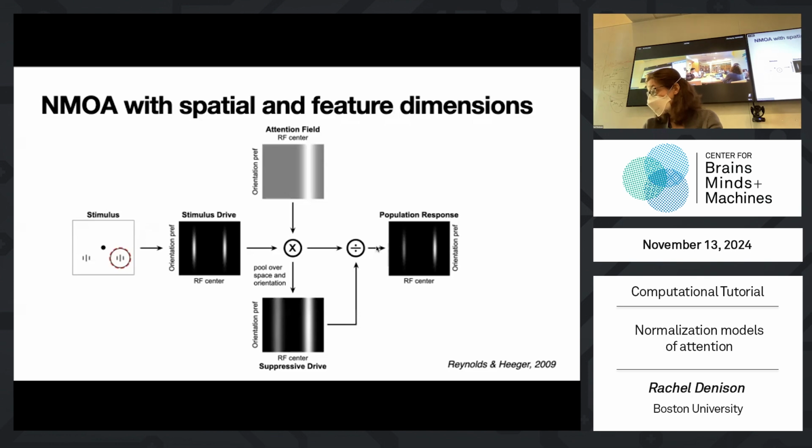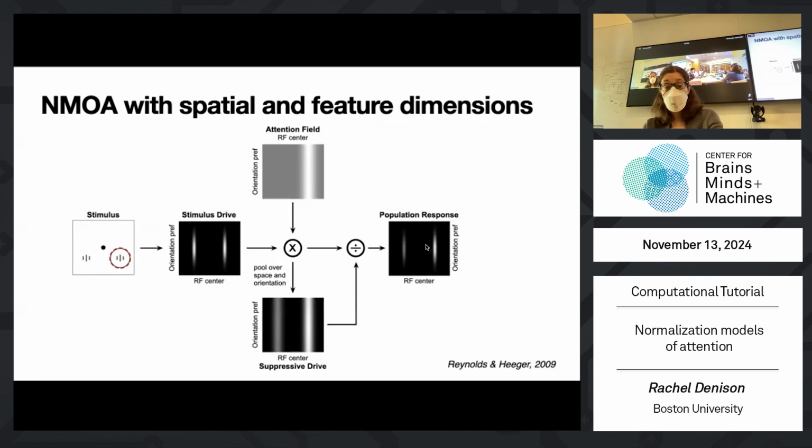So the range is different. It is rescaled. That's right. What you see at the end of this is going to be rescaled because of this division. But in the end, what you see is two different locations with somewhat broad responses in orientation.